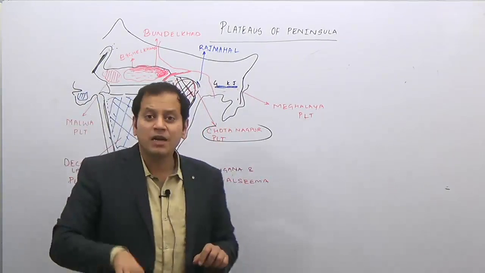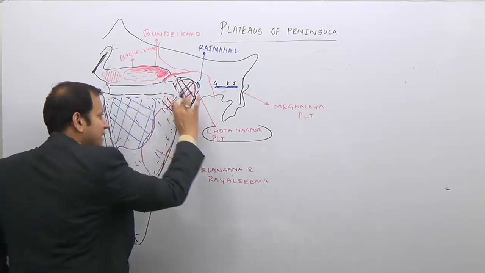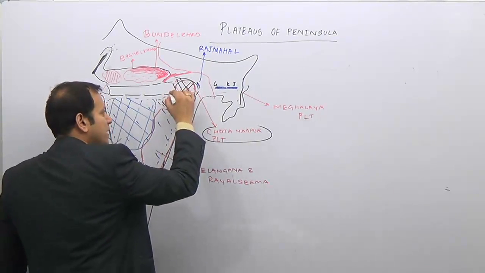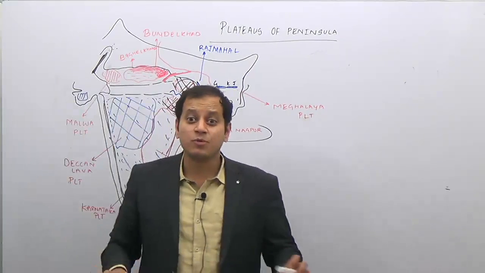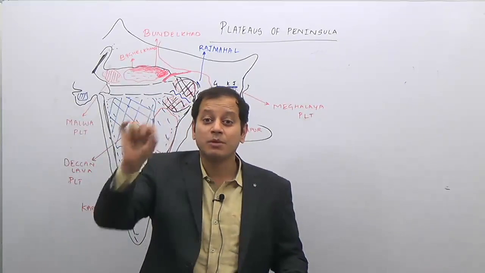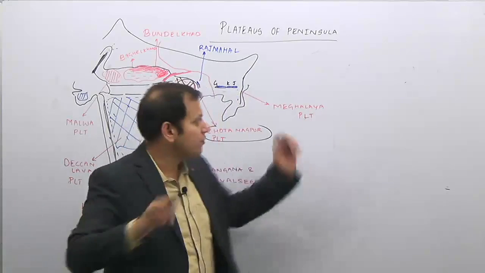Now the Chota Nagpur Plateau region is drained by one of the bigger rivers, that is the river Damodar. Note down, Chota Nagpur Plateau is very important.